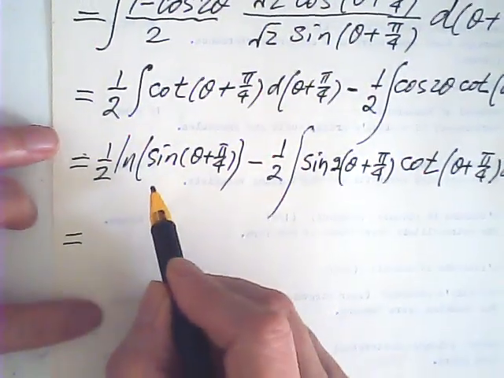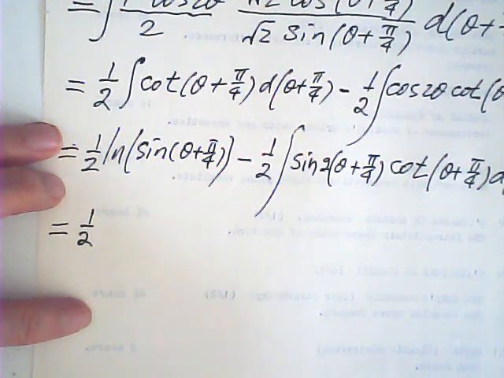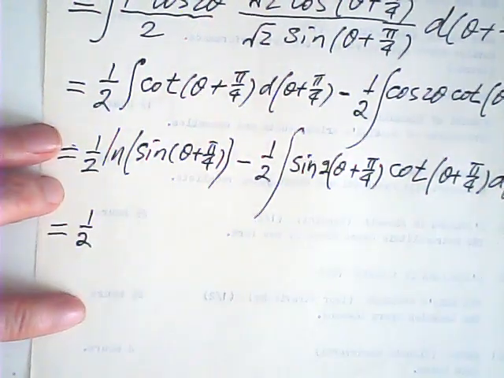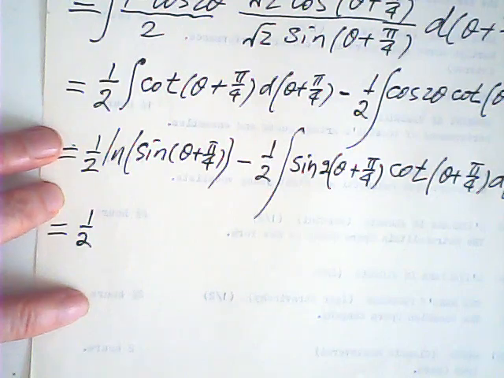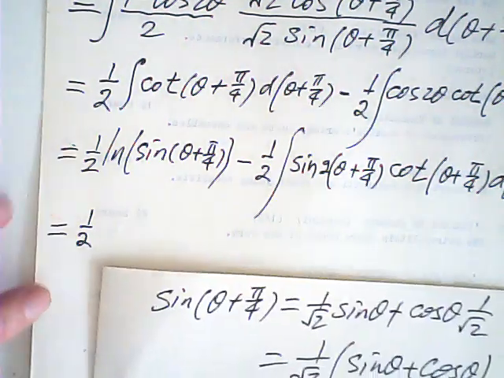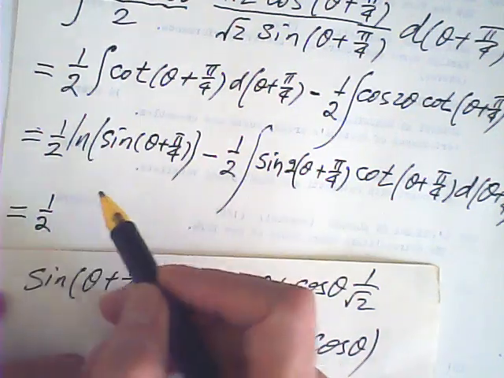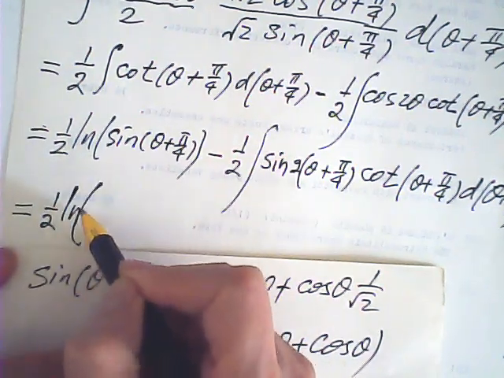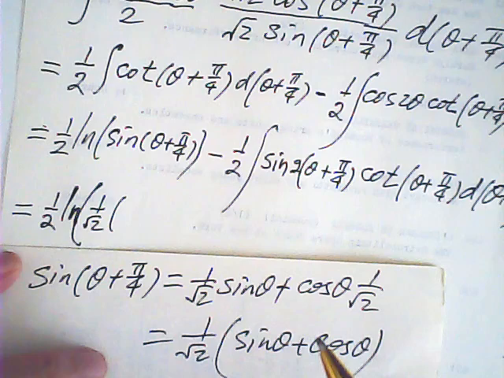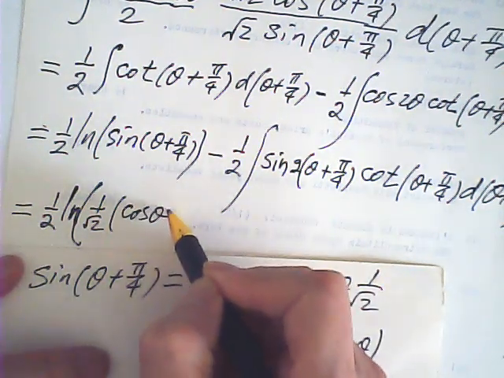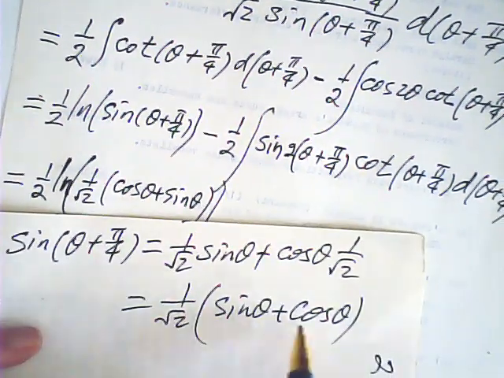Now this one is equal to 1/2, well, I have done something like this before. Yeah, right. This is equal to 1/2 times the natural log of 1 over root 2 times cosine theta plus sine theta, right?